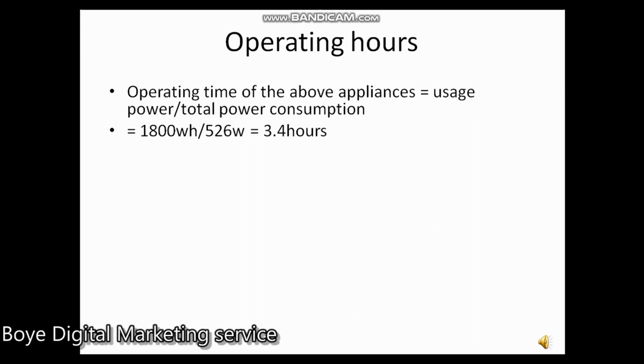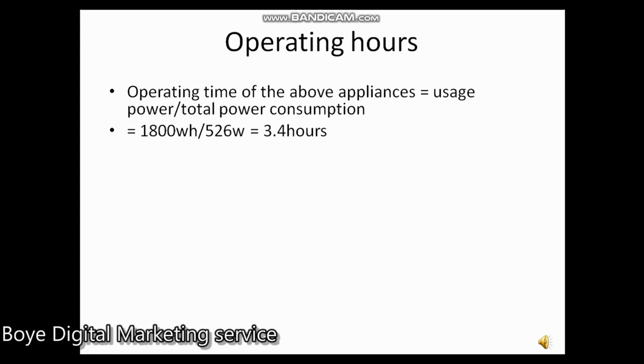This means drawing power directly from the inverter without solar. With this load, it will take you 3.5 hours to draw this 1800 watt hour from the battery.